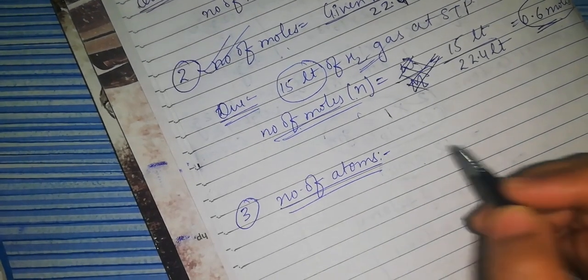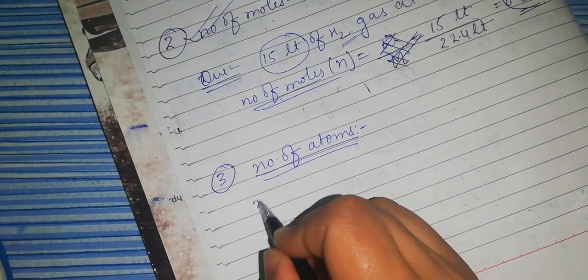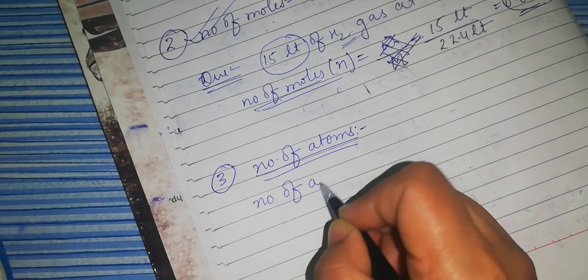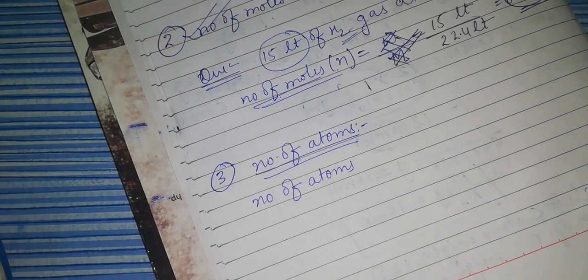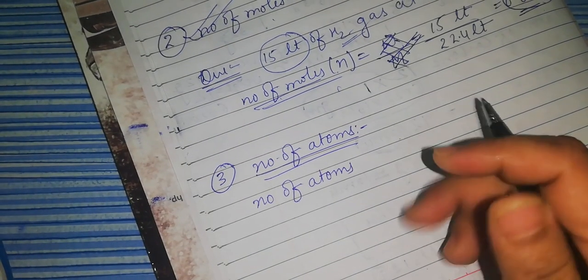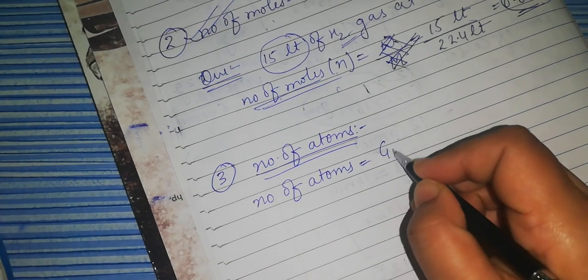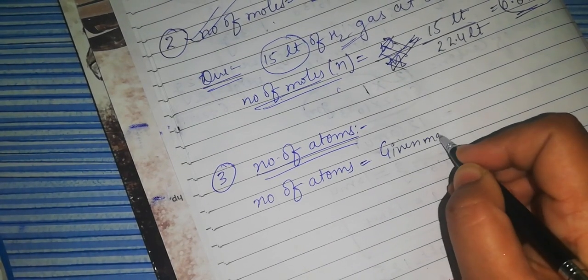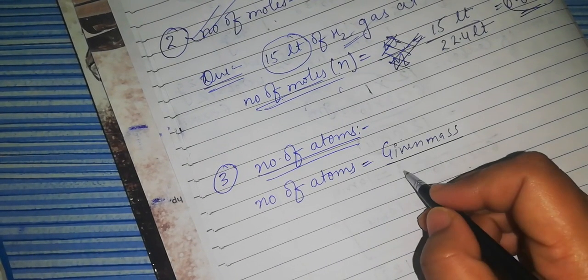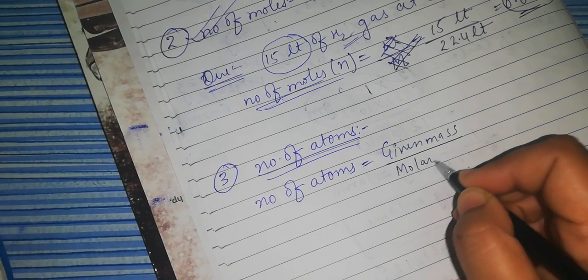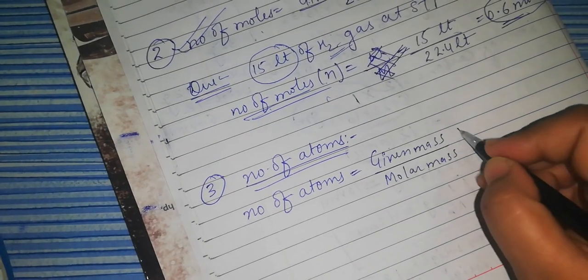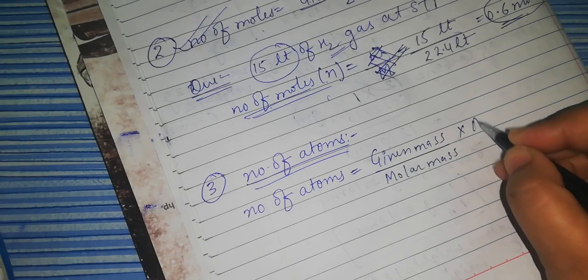Now if we have to calculate the number of atoms in anything, how will you calculate it? Number of atoms is given mass by molar mass into Avogadro's number.